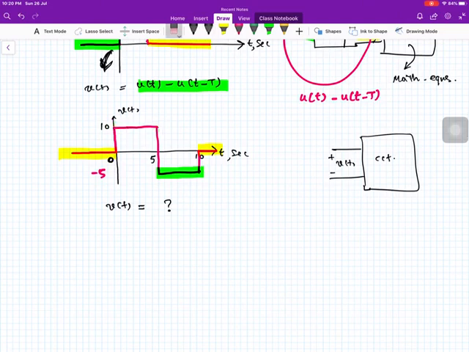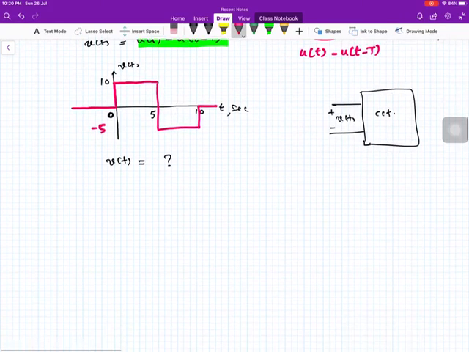So what it should be, how we can represent this waveform mathematically. How we can do this?